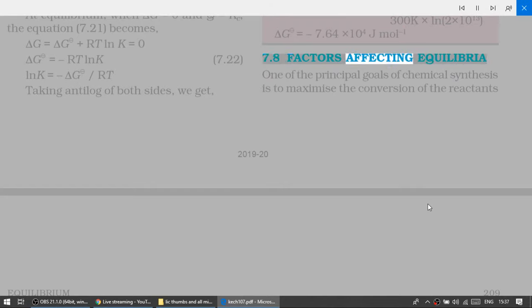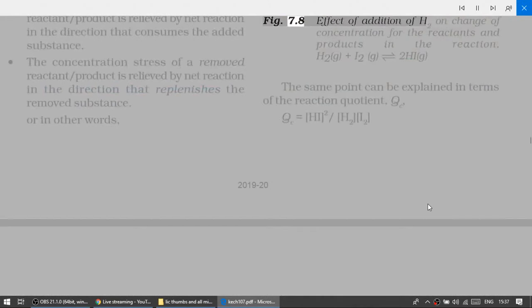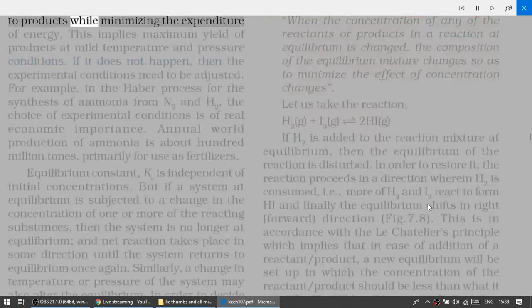7.8 Factors affecting equilibria. One of the principal goals of chemical synthesis is to maximize the conversion of the reactants to products while minimizing the expenditure of energy.